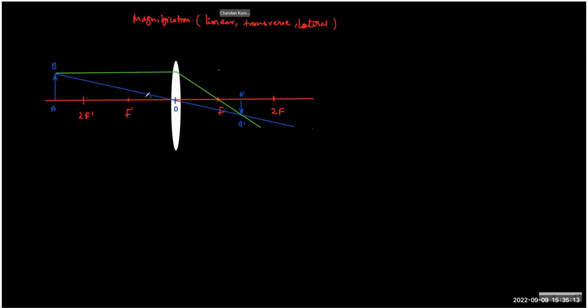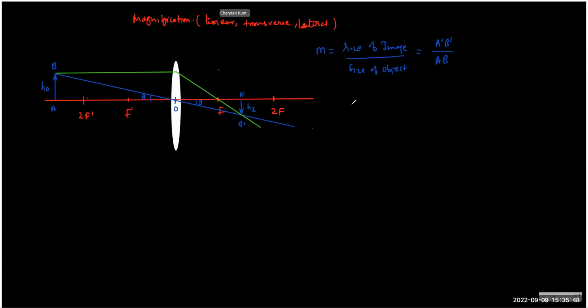So for these similar triangles, with angle theta and theta, magnification by definition is size of image upon size of object. Let's represent these by the symbols HO and HI.